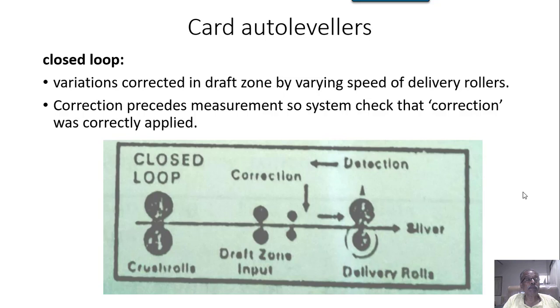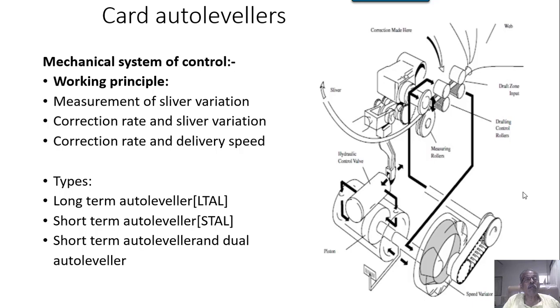Closed loop is normally installed between the feed zone and the delivery zone of the carding machine. In the closed loop, variation is corrected in the draft zone by varying the delivery roller speed. Measurement is done at the beginning and variation is corrected at the delivery side.